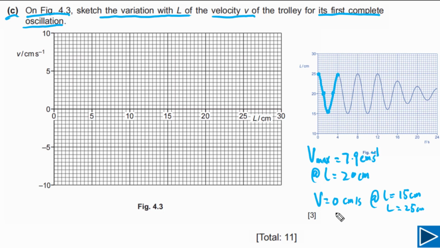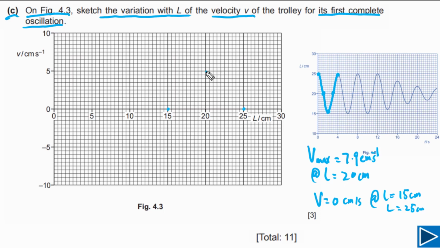First of all, look at when V is equal to 0. V is equal to 0 when L is equal to 25 centimeters. At this point V is equal to 0, and V is equal to 0 at this point as well. V is maximum when L is equal to 20 centimeters. So here 20 centimeters, and the value of V is 7.9.